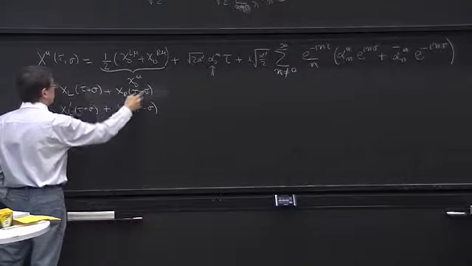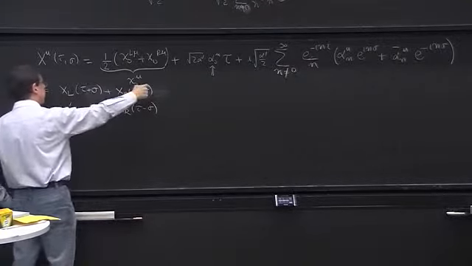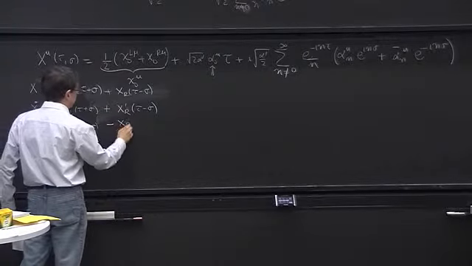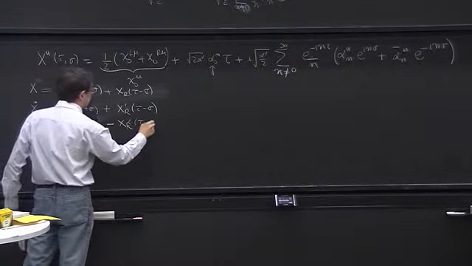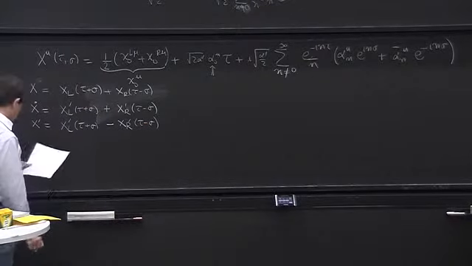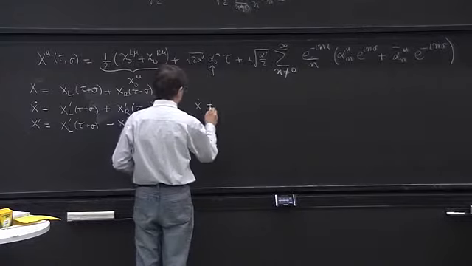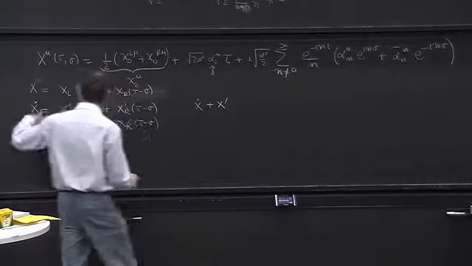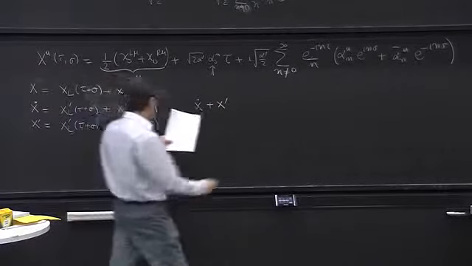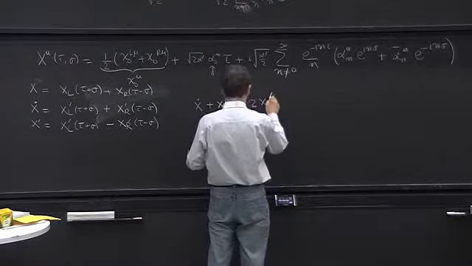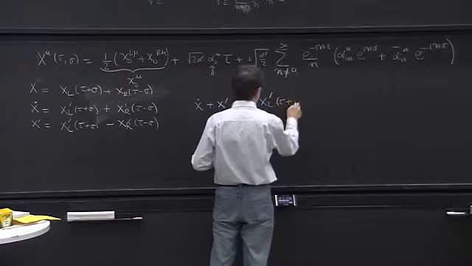And here you get an extra sign because you have to then further differentiate the argument with respect to sigma. So you get minus X right prime of tau minus sigma. So we get that X dot plus X prime, if you sum them, you get 2 X left prime of tau plus sigma.